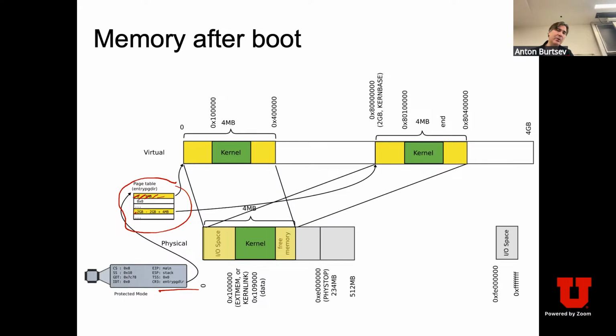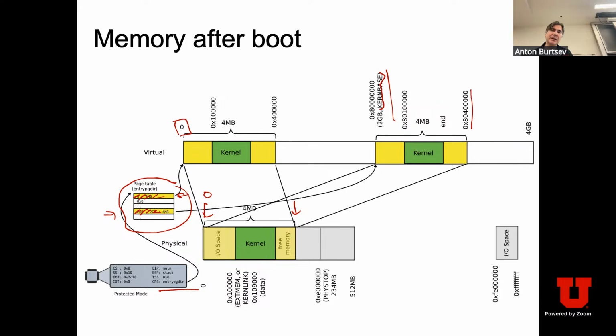The first one maps virtual address 0, from 0 to 4 megabytes, into physical 0 to physical 0 plus 4 megabytes. And the second entry maps addresses from 2 gigabytes, which is also known to the kernel as the KERNBASE symbol, or macro, to 2 gigabytes plus 4 megabytes, right?